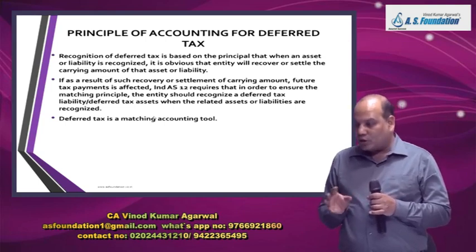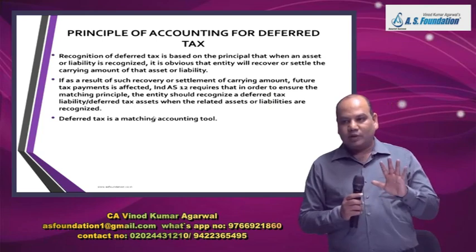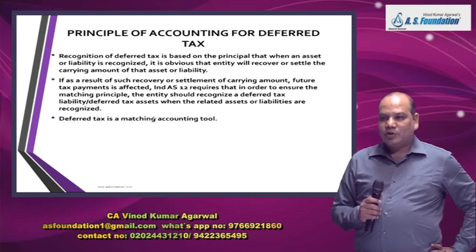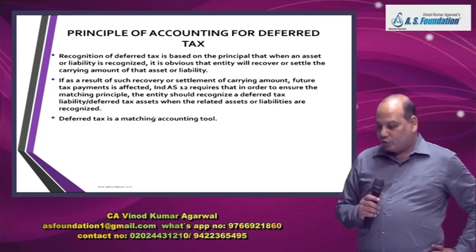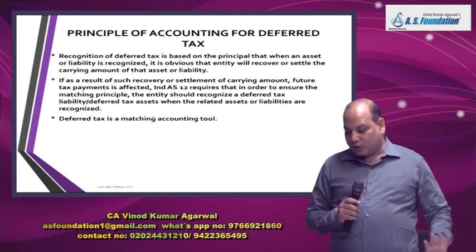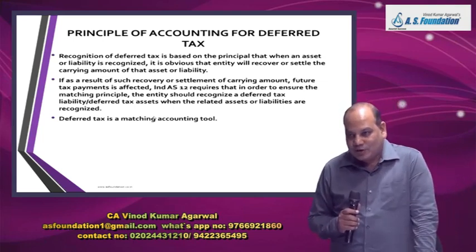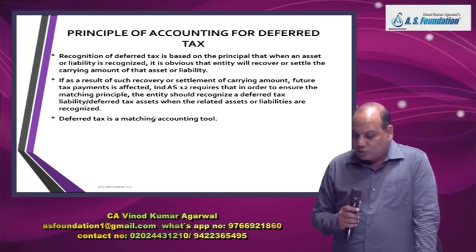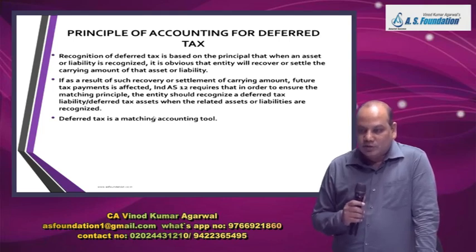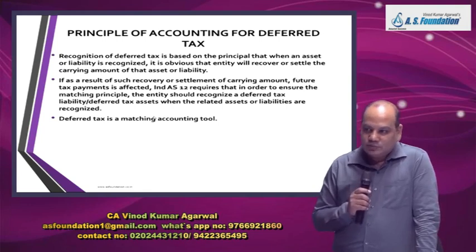For example, you have a debtor of 1000 rupees and you know that when you recover the 1000 rupees, there is no tax consequence. Do we need to recognize DTA or DTL for that? No. So for every asset or liability, we don't have to recognize DTA or DTL. Only those assets or liabilities which will have a future tax consequence, either in the form of more liability or less liability, for such items we will recognize DTA or DTL.